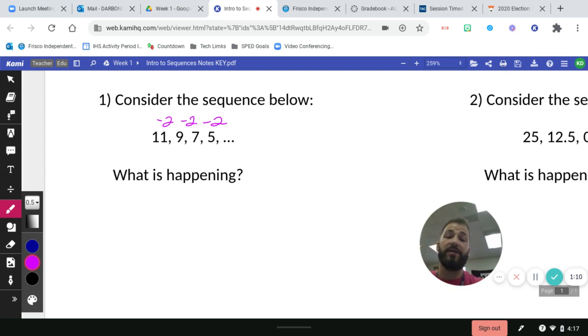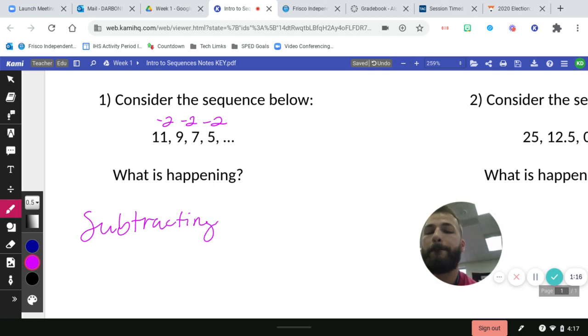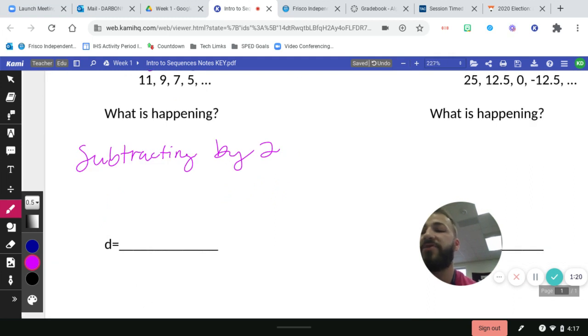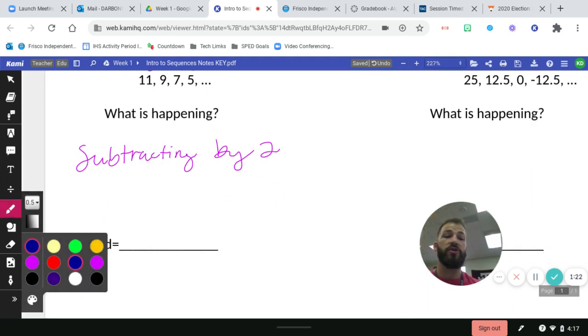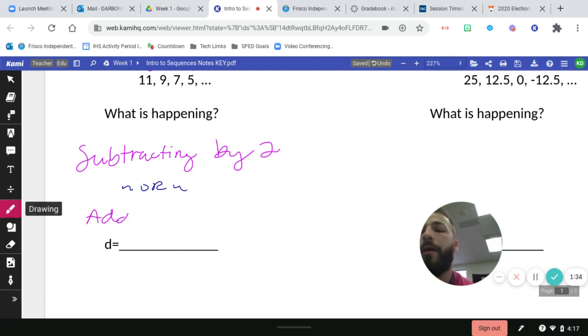So since we're subtracting by that same number, that would make this arithmetic. And we say subtracting by 2, or in terms of our d, because remember d is a positive or negative constant that's always added, we would instead say adding by -2.